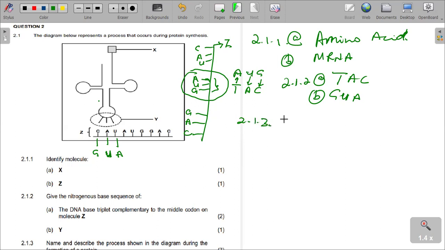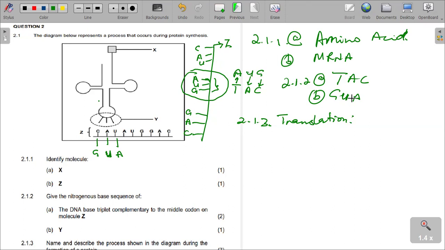The process being shown is translation, which is the same as protein synthesis. And then name and describe the process.